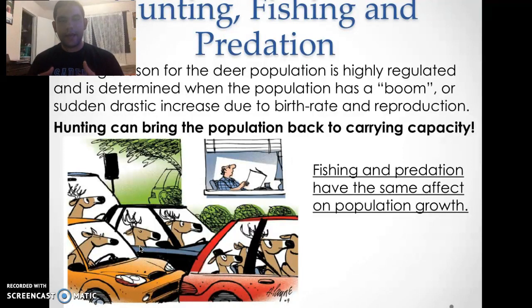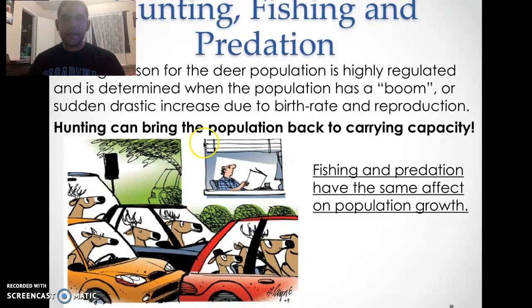And the reason for that is, in a specific season where there's a lot of deer in the population, they allow humans to go out and hunt some of these deer. That way, we can reduce the size of the population a little bit, and we don't see a lot of the resources like the grass and all of those other things becoming scarce for the deer.